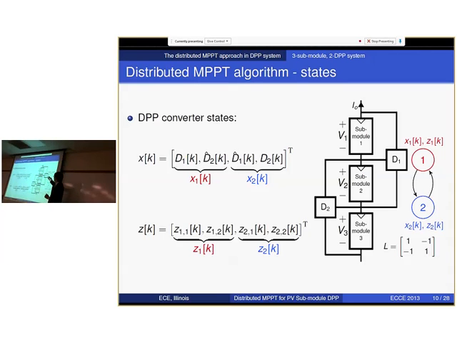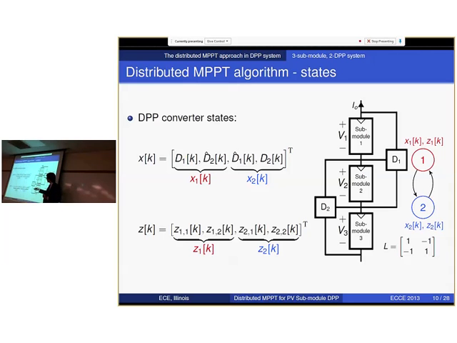Each converter only keeps track of its own part of xk, which is x1k here and x2k here. And this x1k consists of d1, which is the actual duty ratio of converter 1, and d2 hat, which is an estimation of d2. That means d2 hat is what converter 1 thinks the duty ratio of converter 2 is. And similarly, on converter 2, we store d1 hat and d2.